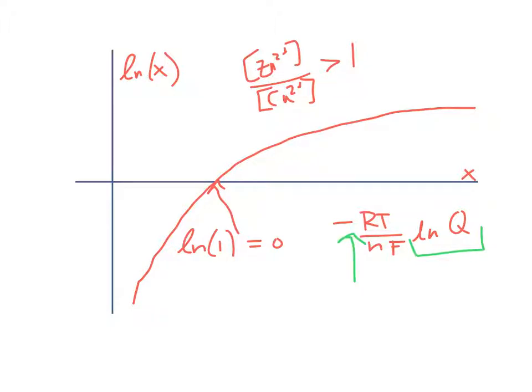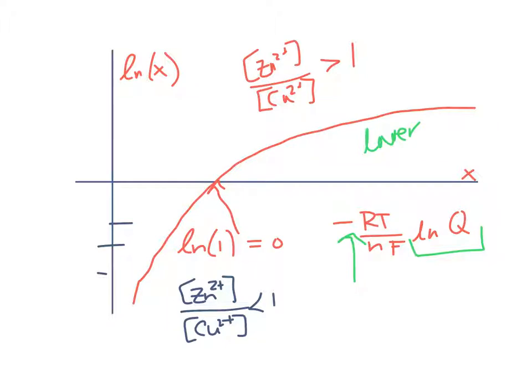So I'm going to have a lower cell potential if my ratio is greater than 1. On the other hand, if the zinc 2+ ions are less in the container than the copper 2+ ions, that's going to make my logarithm a negative value. That's going to make two negatives, so negative times stuff times a negative value will be positive, and will add cell potential to my equation.